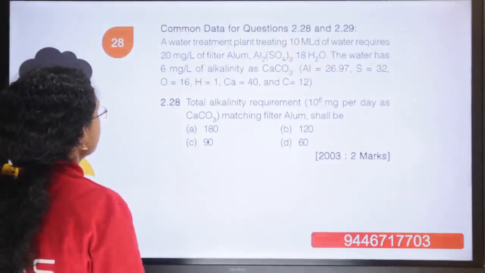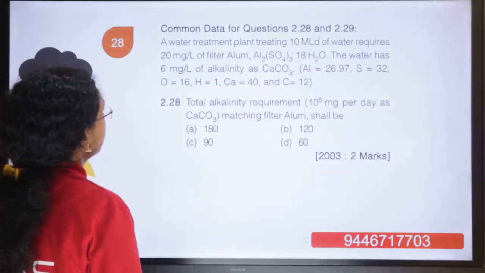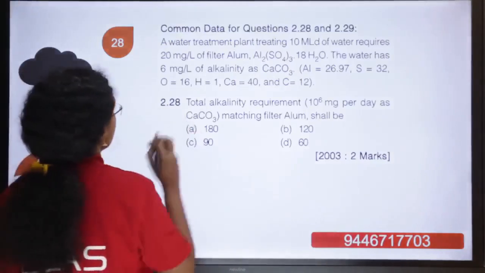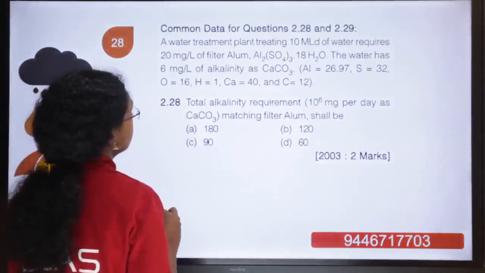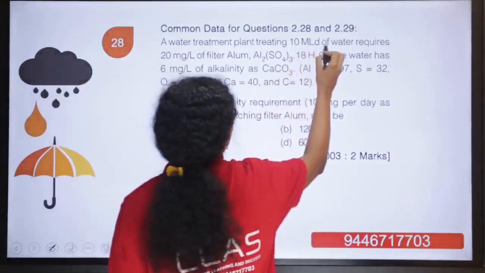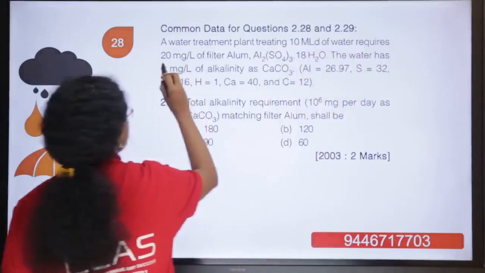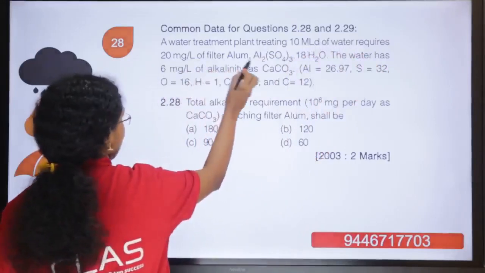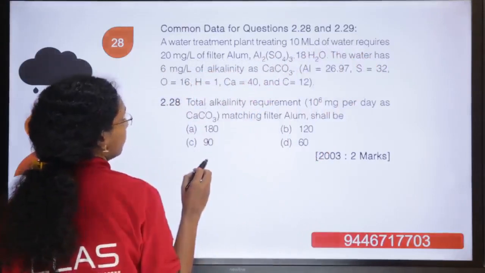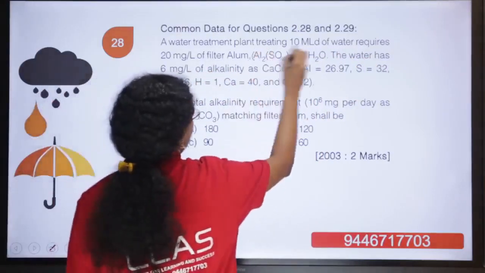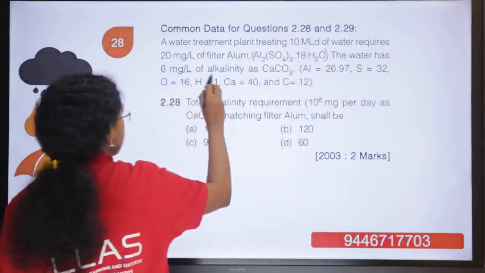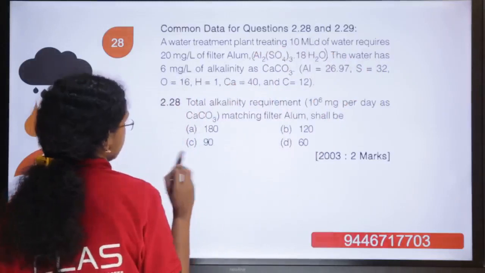Now the next problem, that is the common data for this question and the next one. A water treatment plant treating 10 MLD, or 10 million liters per day, of water requires 20 milligram per liter of filter alum, or Al2(SO4)3.18H2O. That is the chemical formula of alum. The water has 6 milligram per liter of alkalinity as CaCO3.